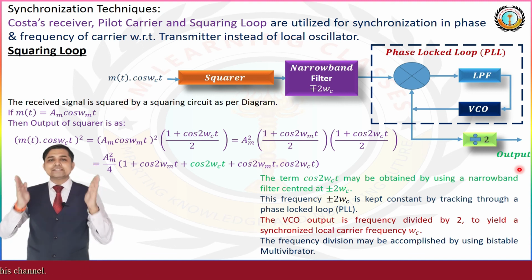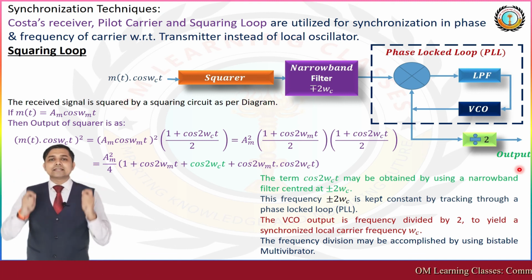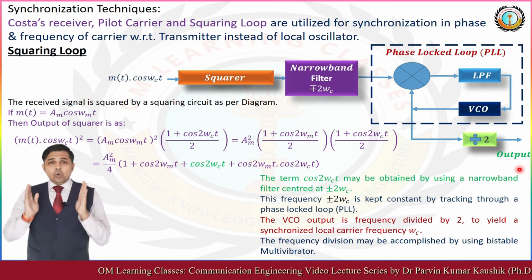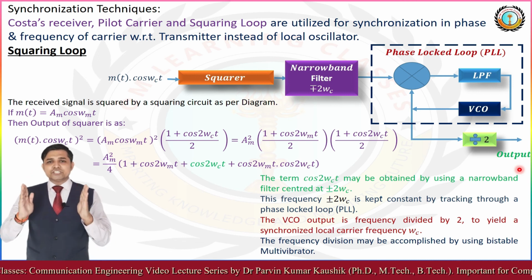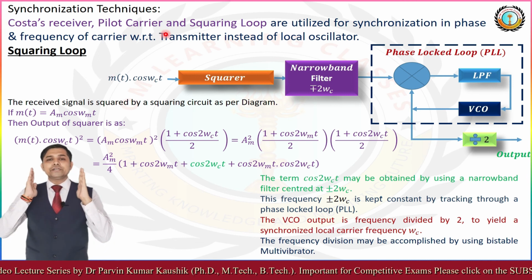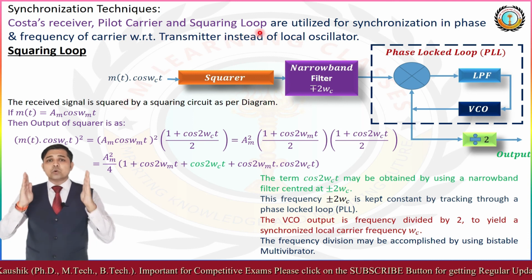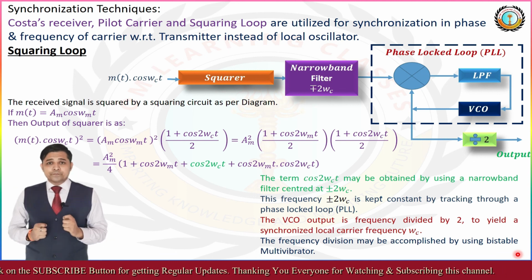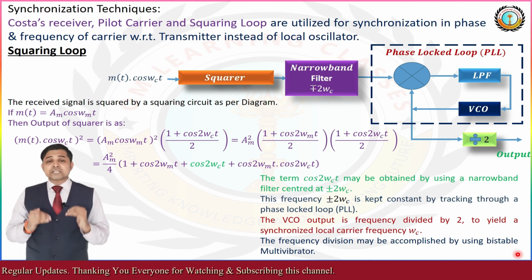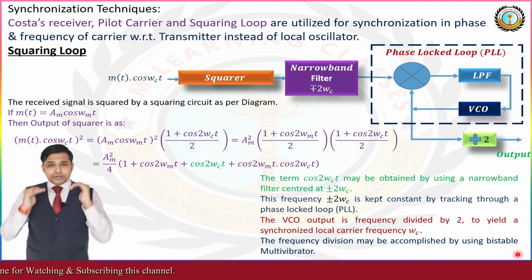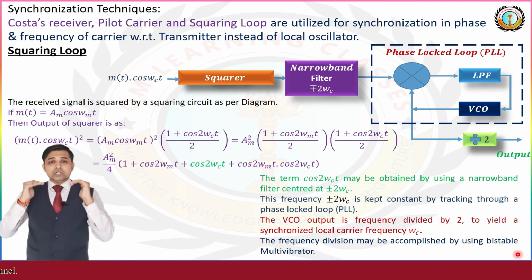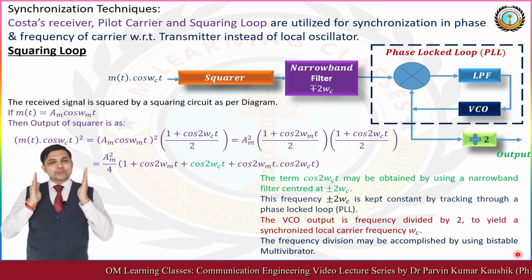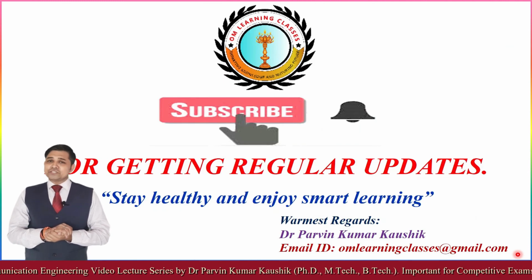So with this, we completed all three methods of synchronization technique that avoid the need of a local oscillator at the receiver end. These synchronization techniques are utilized for suppressed carrier modulation techniques for coherent detection, and also utilized in analog QAM detection.